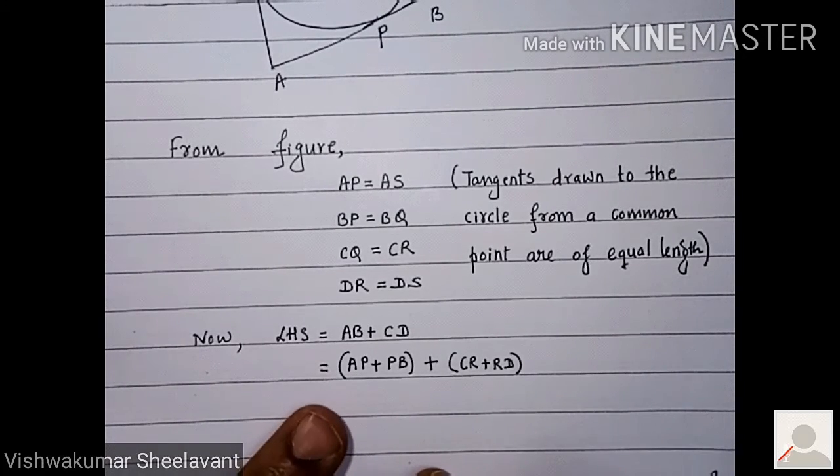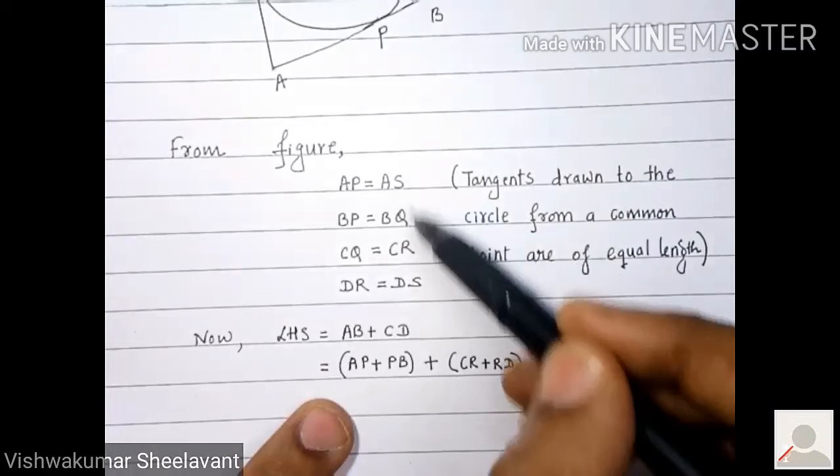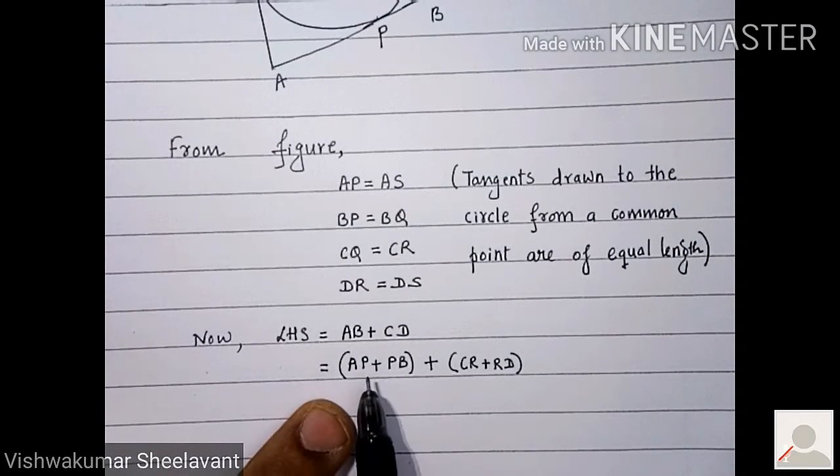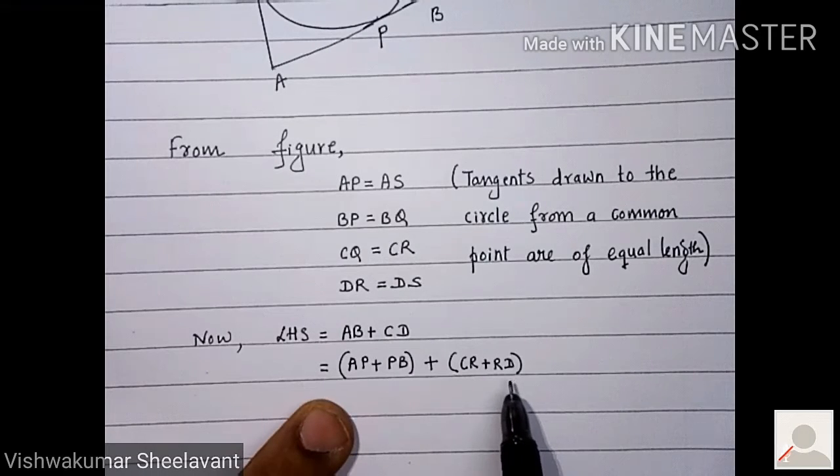Now, from these equalities, we'll write for AP, PB, CR and RD.